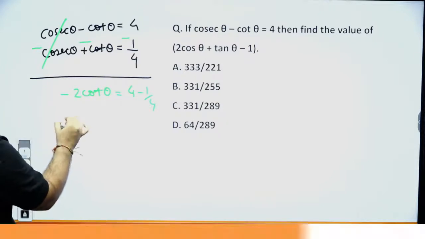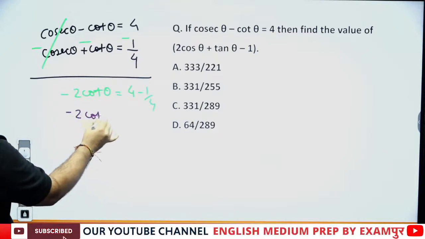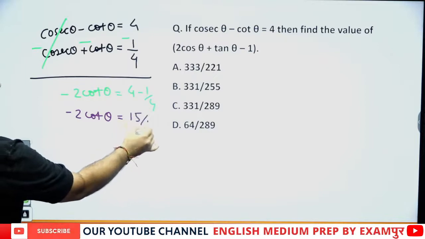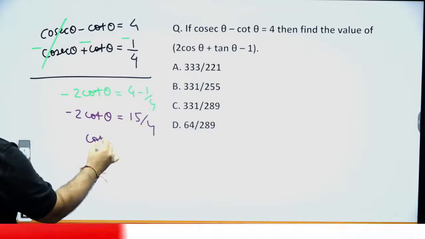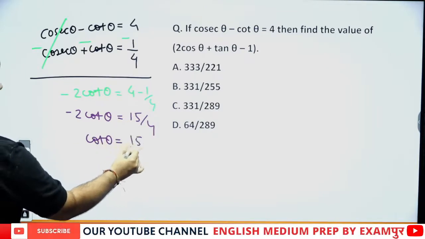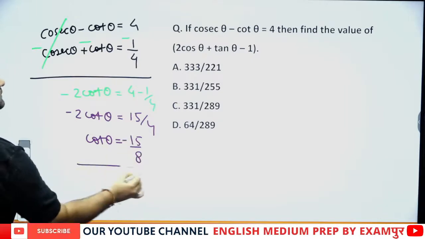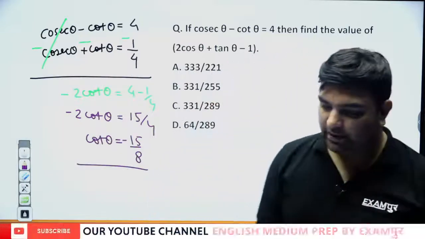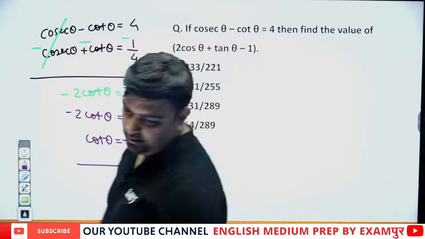Minus 2 cot theta is equal to 15 by 4, so cot theta is equal to 15 by 8 with the negative sign.